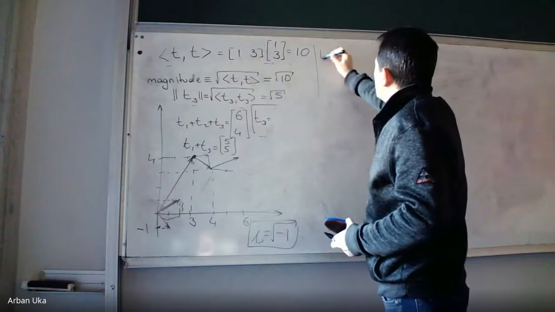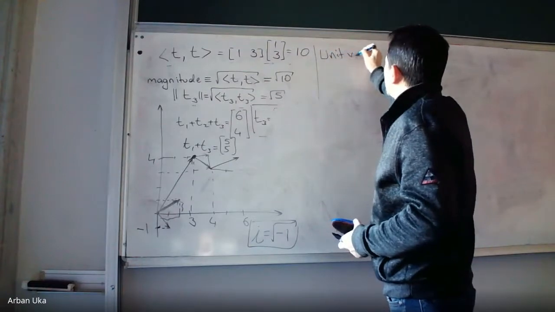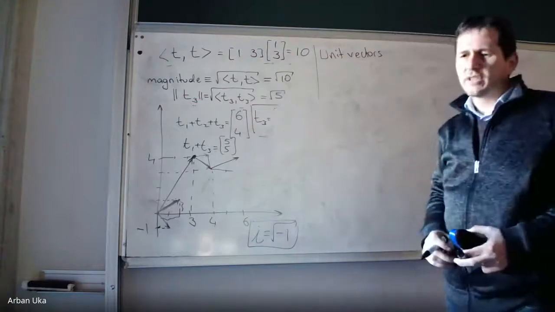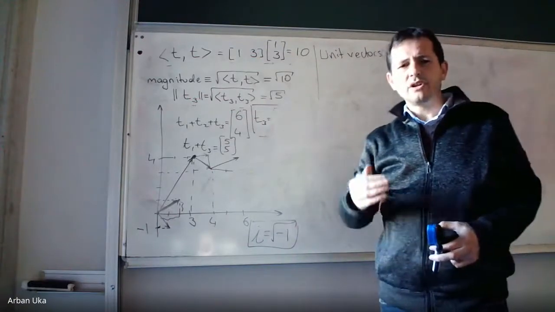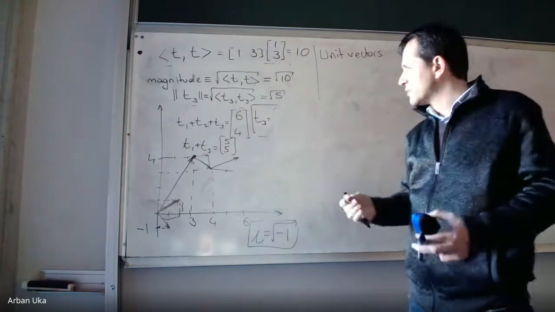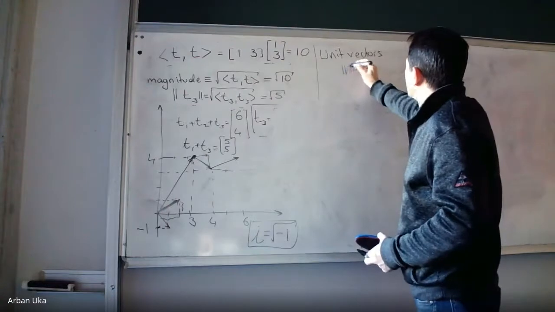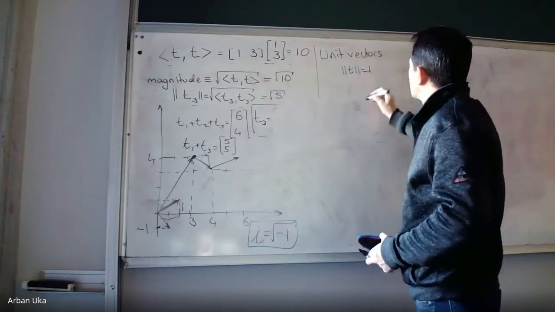So let's define unit vectors. We can define a unit vector for any vector. A unit vector is defined as when the magnitude of t is equal to 1. So this is a unit vector.